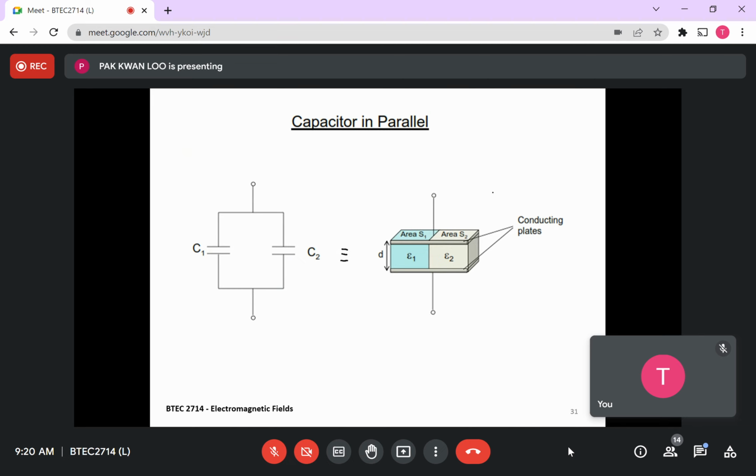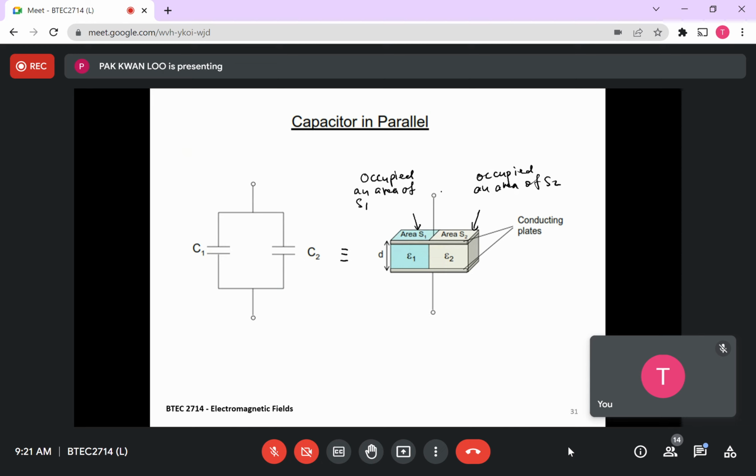Okay. So the situation again here, we have a material with permittivity epsilon 1 that occupies an area of S1, and a material with permittivity epsilon 2 that occupies an area of S2.